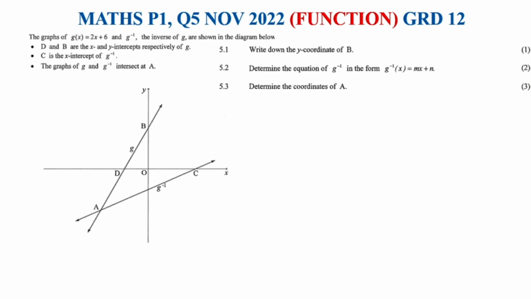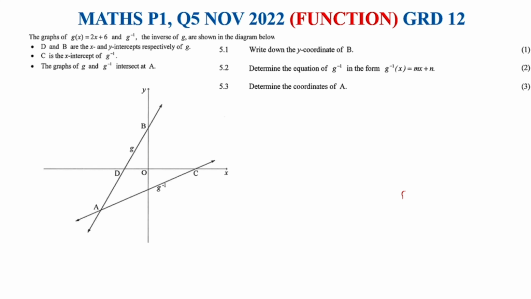Now let's have a look. We are given two straight lines in terms of g of x, where g to the power of -1 is an inverse. Okay, we know how to deal with an inverse. If you don't know how to do it, please make sure that you watch our episode on how to do an inverse, a function lesson, so that you are not going to get lost while we're busy working here.